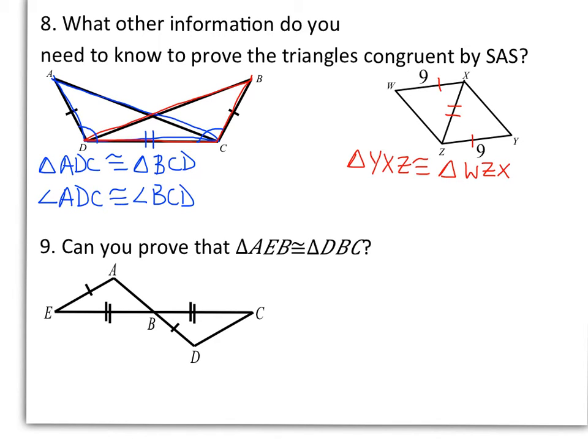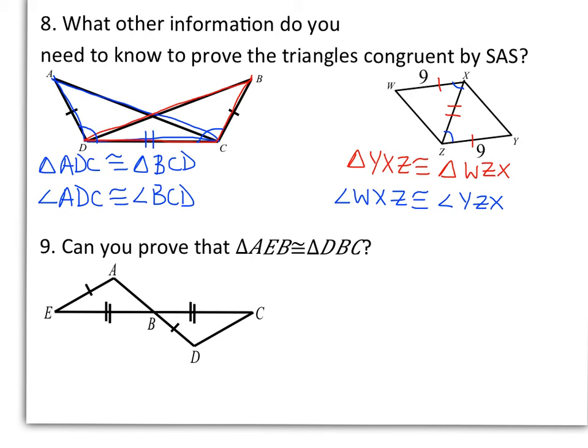So the only thing we're missing is a pair of angles that's included between our two sides. So I would need to know this angle congruent to this angle. So we're missing that angle WXZ is congruent to angle YZX. If we knew that information, then we'd be able to prove the two triangles congruent by side angle side.